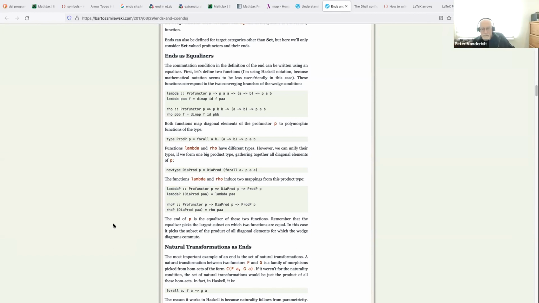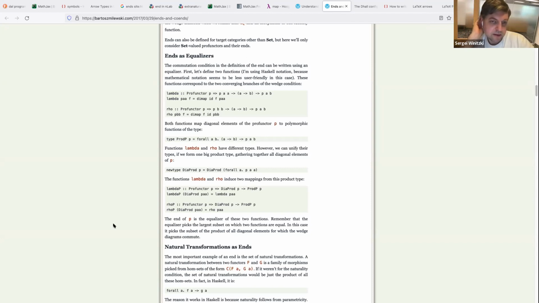So maybe there's an implicit application of the forall to A, and that gives you the PAA. But what is A? Which A? Where does A come from? I just don't understand this. Equalizer of these functions.